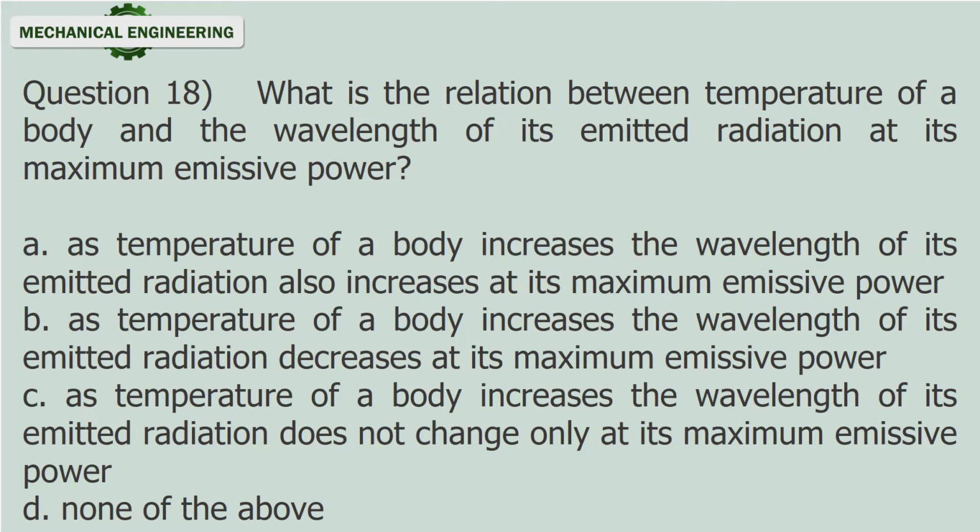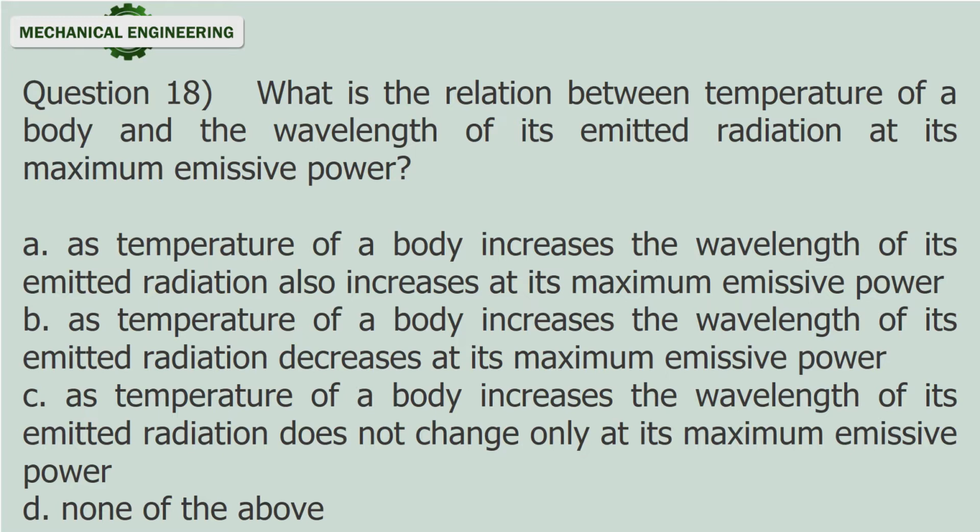Question 18. What is the relation between temperature of a body and the wavelength of its emitted radiation at its maximum emissive power? A. As temperature of a body increases, the wavelength of its emitted radiation also increases at its maximum emissive power. B. As temperature of a body increases, the wavelength of its emitted radiation decreases at its maximum emissive power.